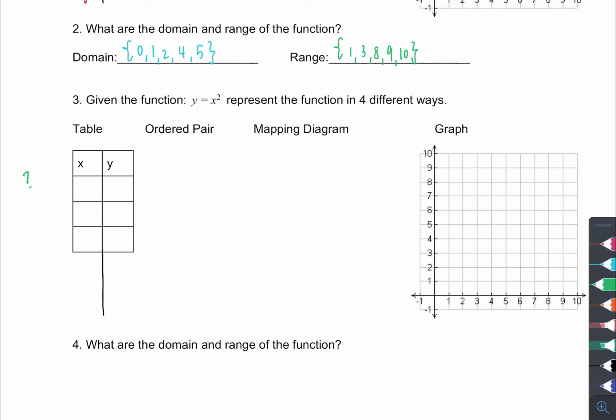All right, so we've got y equals x squared. So this is a continuous function here. So we won't be able to list all the values, but we'll be able to list a lot of them. So first we have our table.